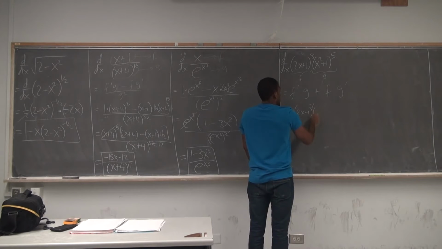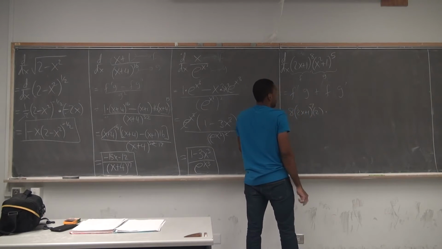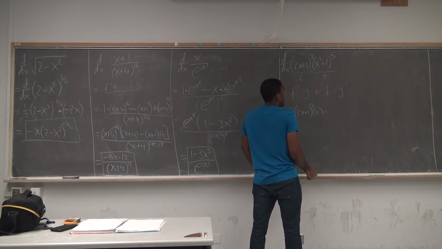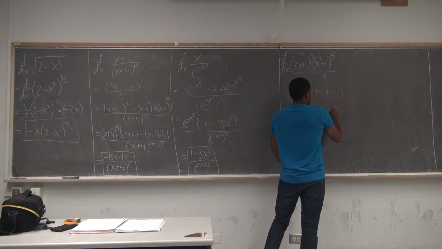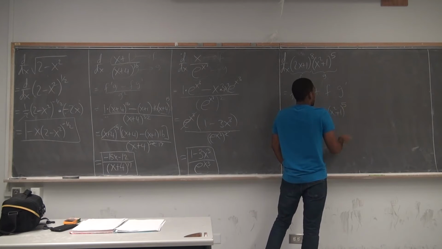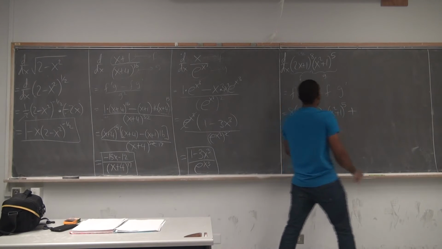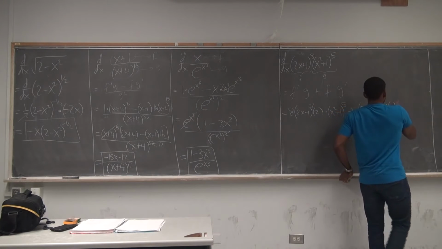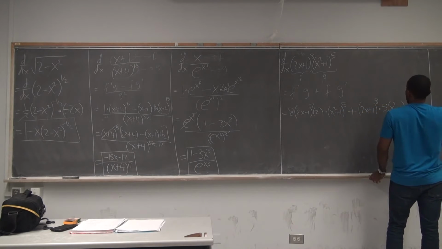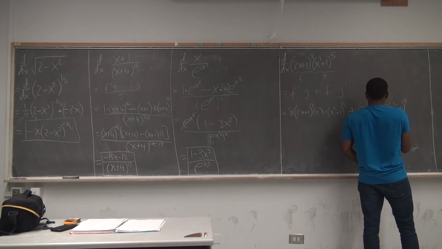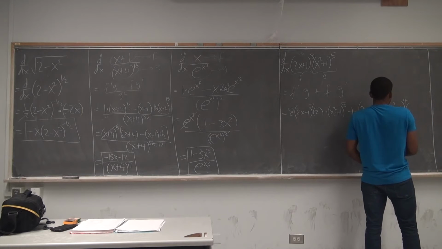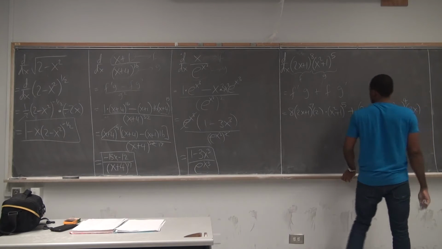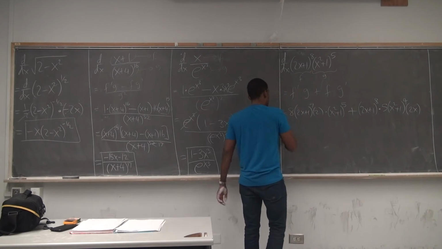So times 2, which is the derivative of the inside, times g, plus 2x plus 5 times. What's that? Simplify.